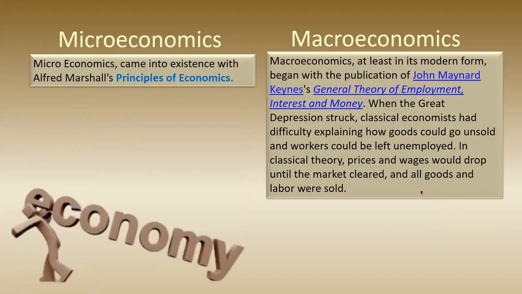Whenever we discuss macroeconomics, there is the Great Depression, which occurred in the year 1929-30. The classical economists faced a difficulty explaining how goods could go unsold and workers could be left unemployed. That means they were unable to find a solution for the problem which occurred in the depression times.